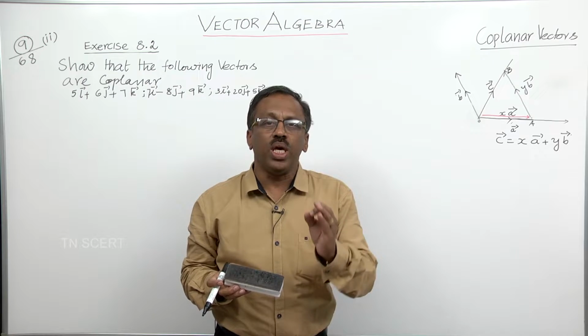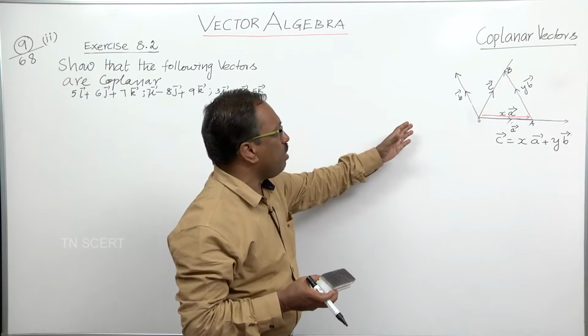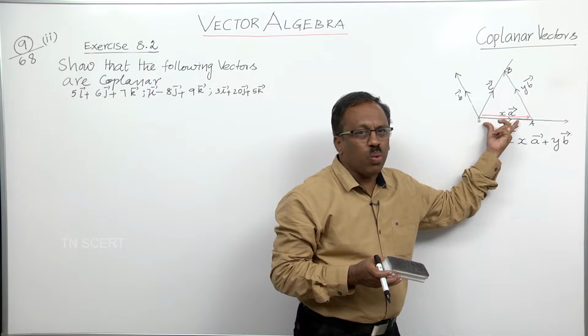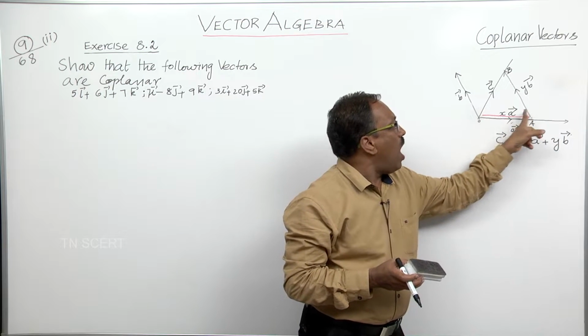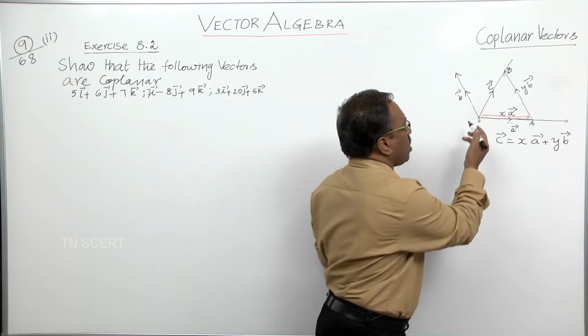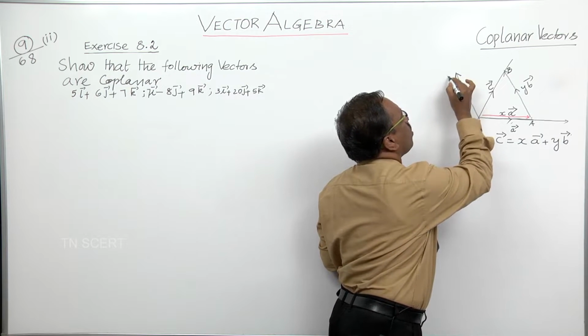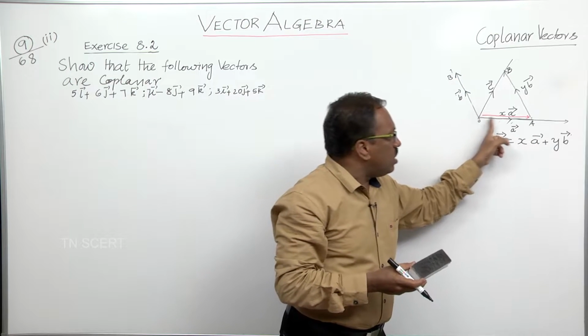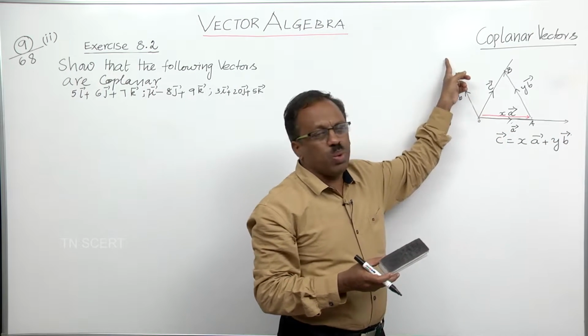of proving coplanar. Here there is a vector O to A, which is A vector, and this is the representation of B vector.